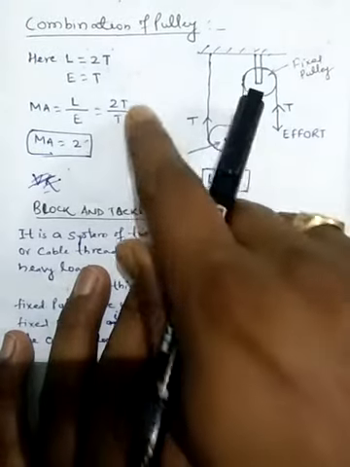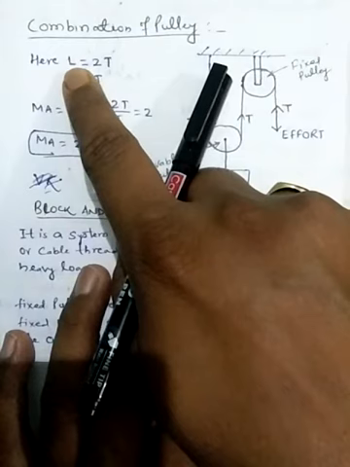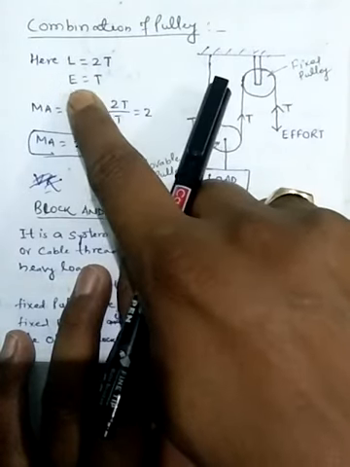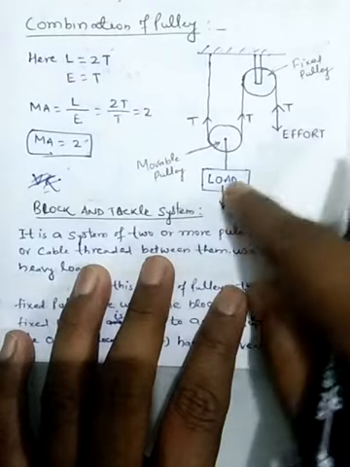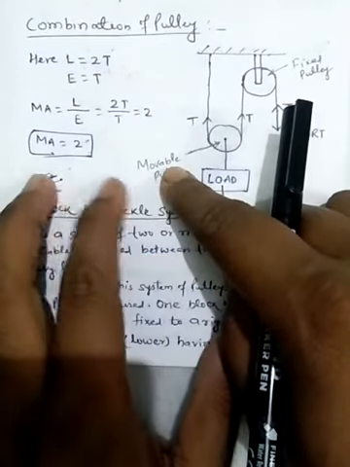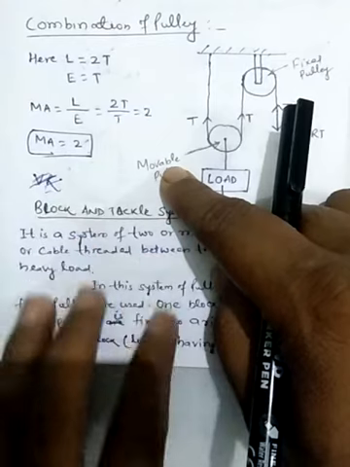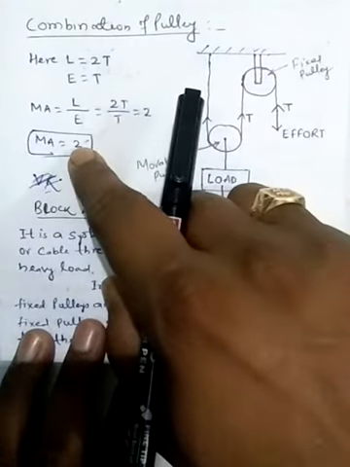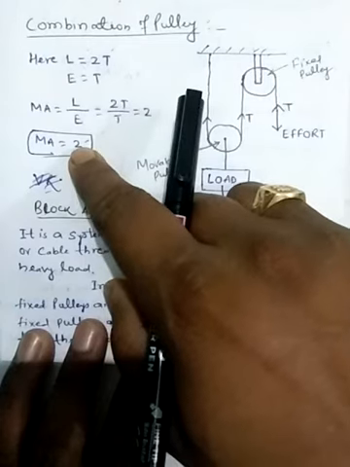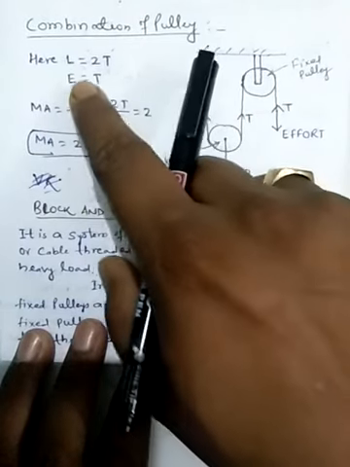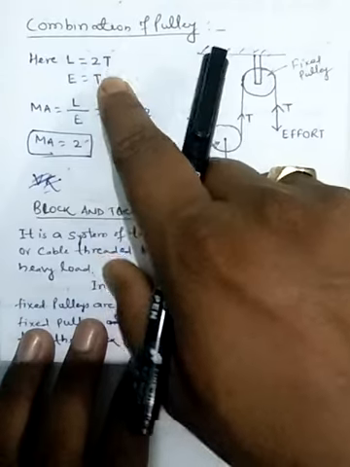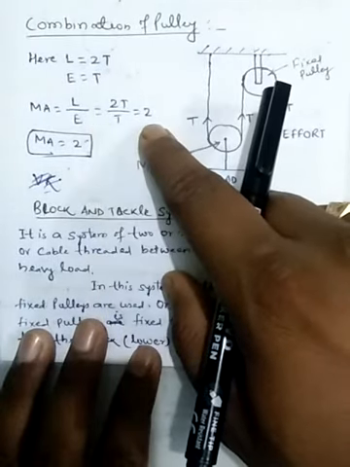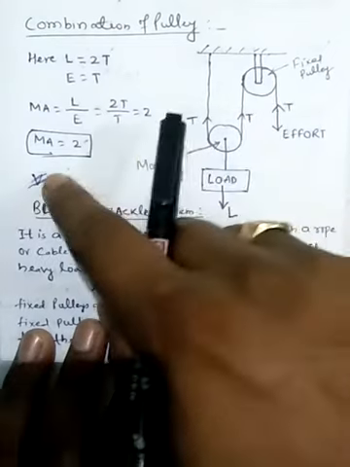Therefore here load L will be equal to 2T and effort is equal to T. Therefore we can write that mechanical advantage will be equal to load upon effort. From the definition, here load is equal to 2T and effort is equal to T. Therefore mechanical advantage is equal to 2.